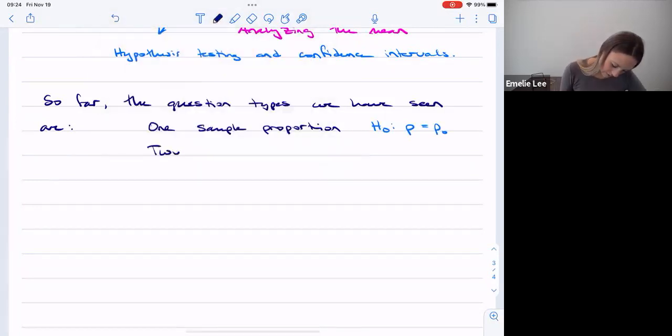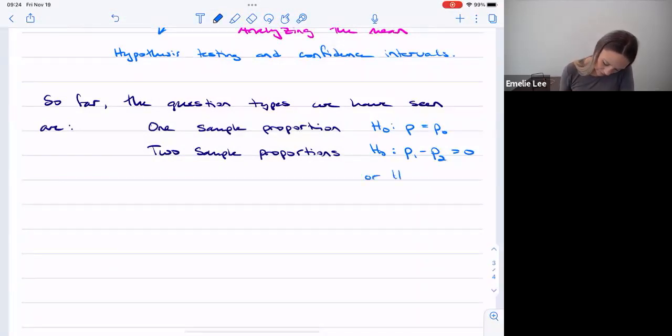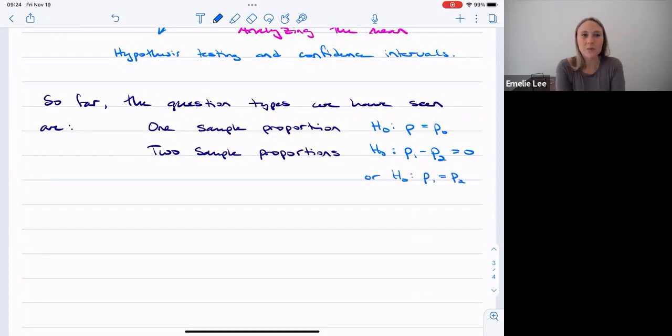We've seen two sample proportions, where H naught is that P1 minus P2 equals 0, or P1 equals P2. Those statements are equivalent, so whichever one you prefer, just go for it.